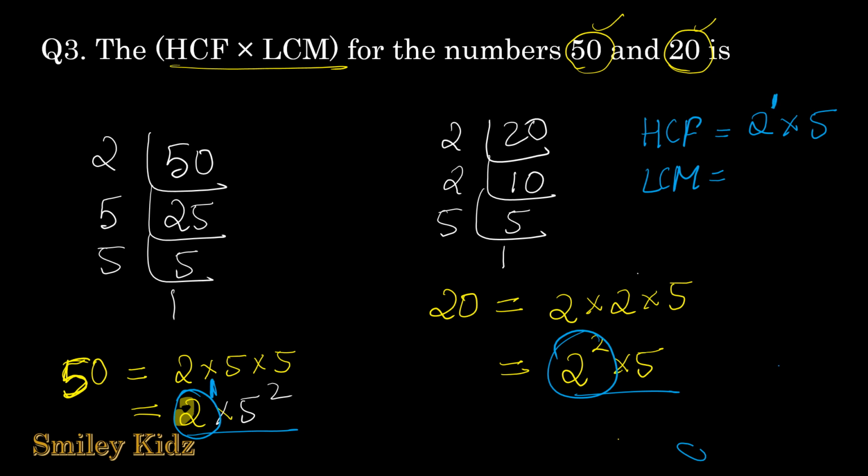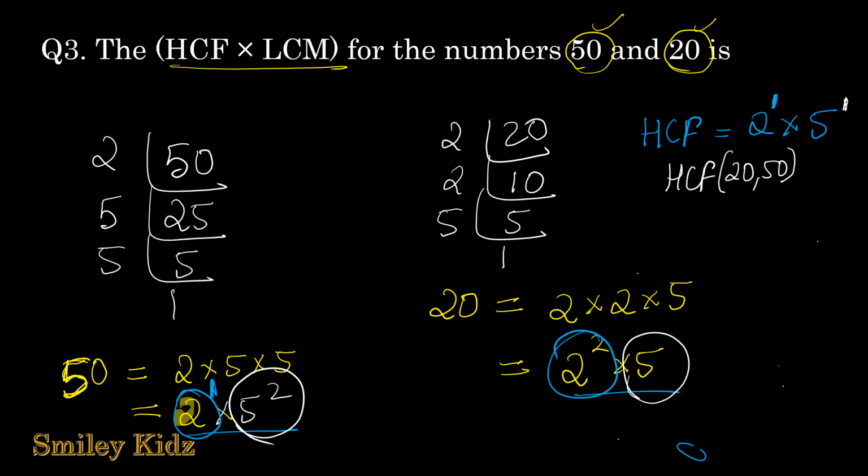Now we're going to take 5. In the first case 5 has a power of 2, and in the second case 5 has a power of 1. Which is least? 5 to the power of 1. Now 2 into 5 is going to give you HCF as 10. So the HCF of 20 and 50 is 10.